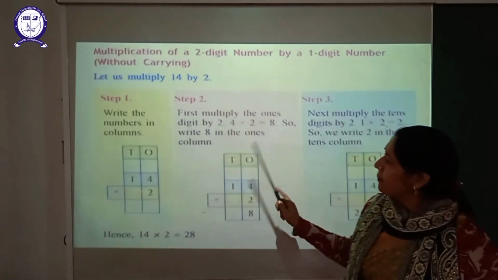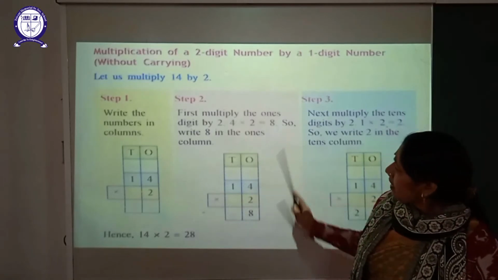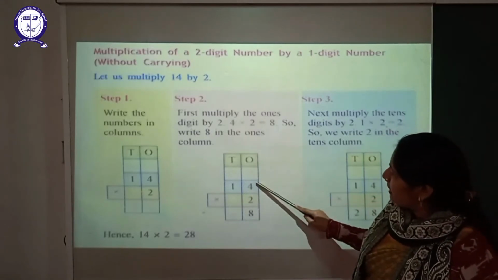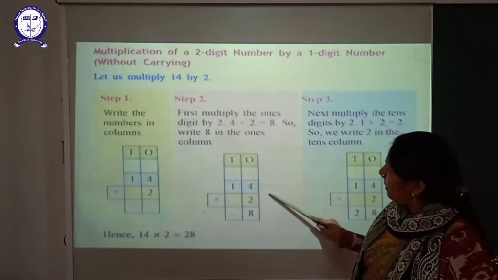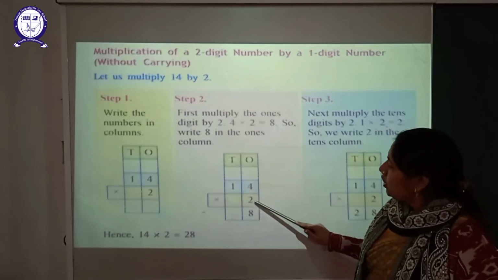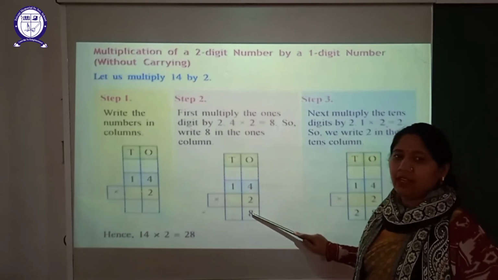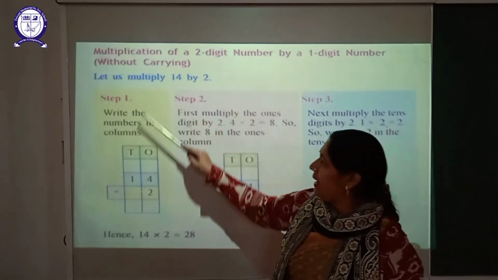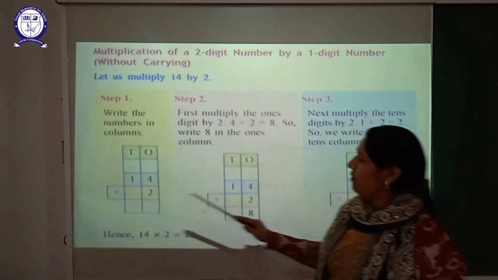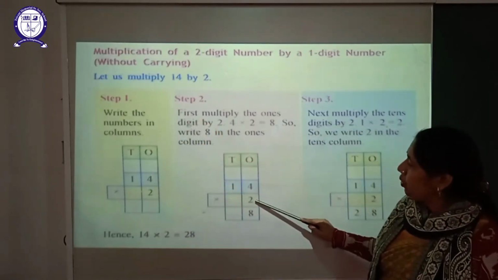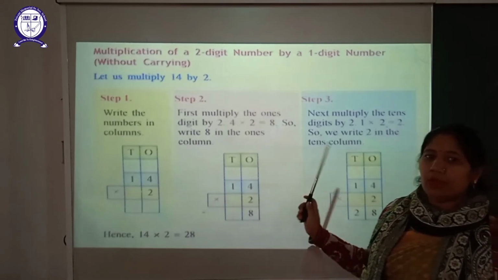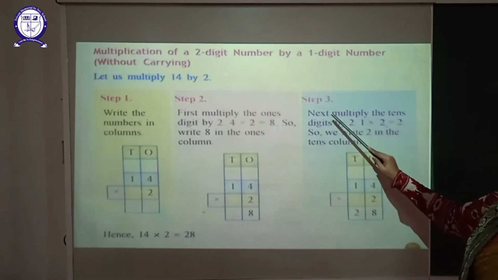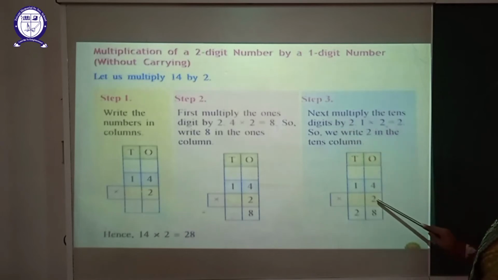Come to the next step. We have to multiply the ones place by digit 2. So what will we do, beta? First we will multiply 2 with the ones place, 2 4s are 8. Okay, firstly we have to write in the column, then we multiply by 2 the ones place, 2 4s are 8. Come to the next step. Next, multiply the tens place by 2.